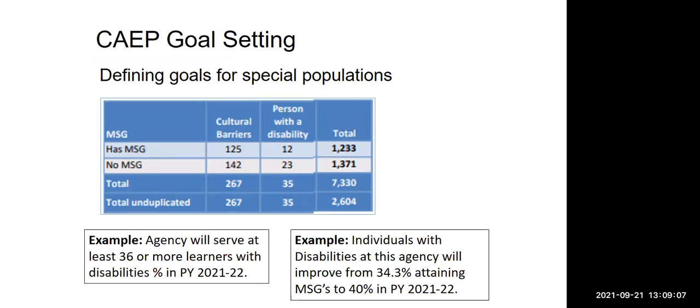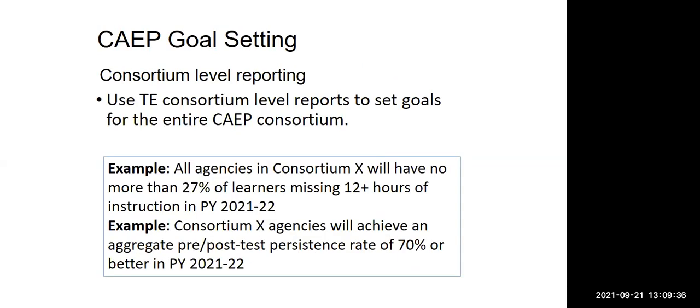Maybe the issue is individuals with disabilities are performing worse than everybody else, so we want to make sure they perform better. Maybe in some cases their data looks the same, but we realize we're not exactly an accessible program. That's pretty pitiful, we're only serving that many students with disabilities. We need to serve more learners with disabilities. That would be yet another way that we could use this report.